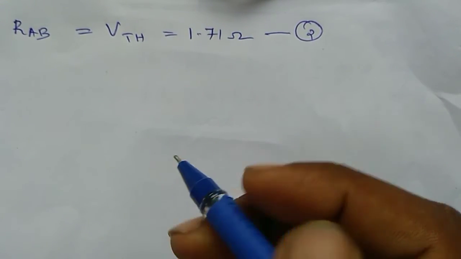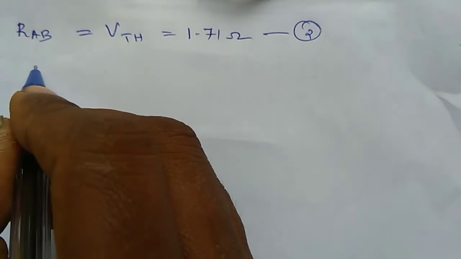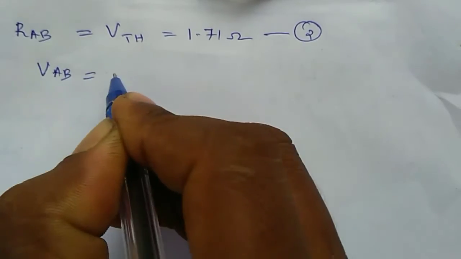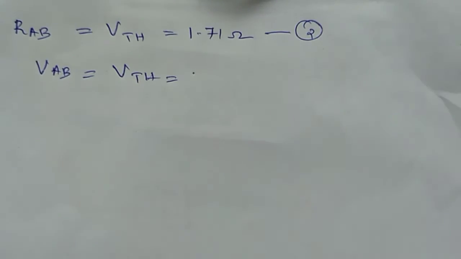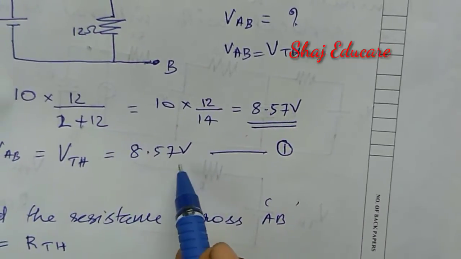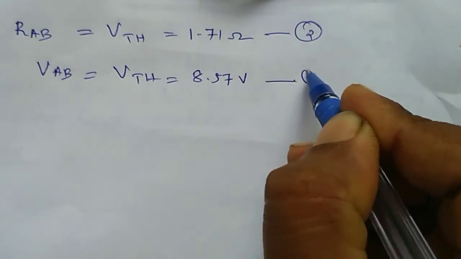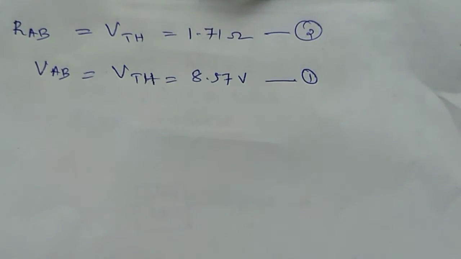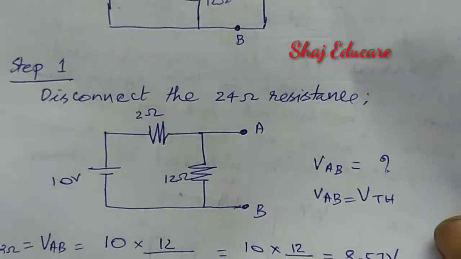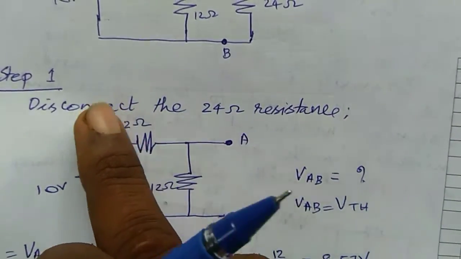From equation number 1 and 2 we have VAB is equal to VTH, which is equal to 8.57 volt.